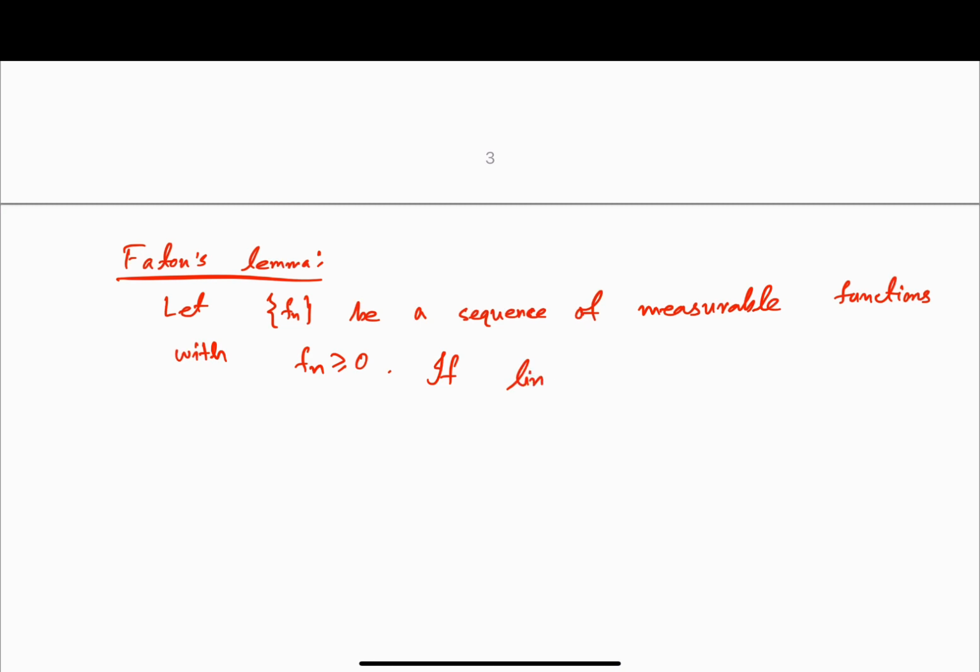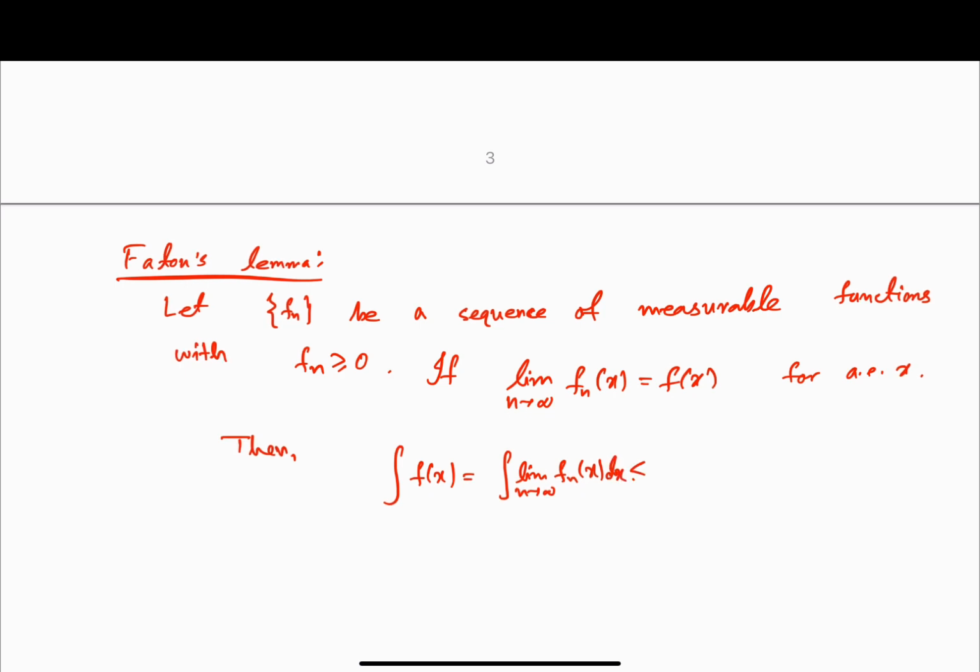If the limit as n tends to infinity of f_n(x) goes to some f(x) for almost every x, then the integral of the limit of f_n(x) dx is at most the lim inf of the integral of f_n(x) dx.